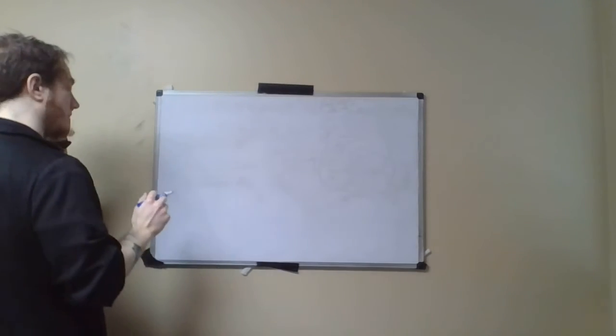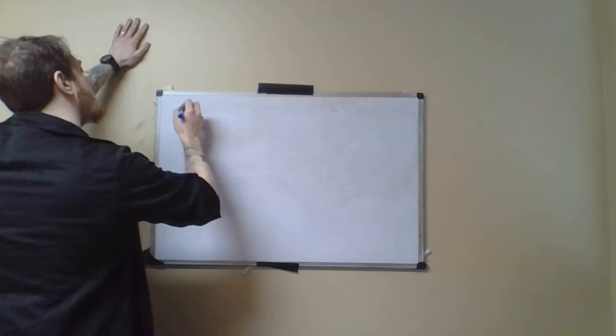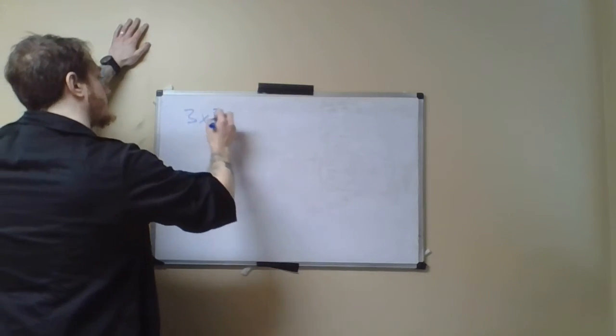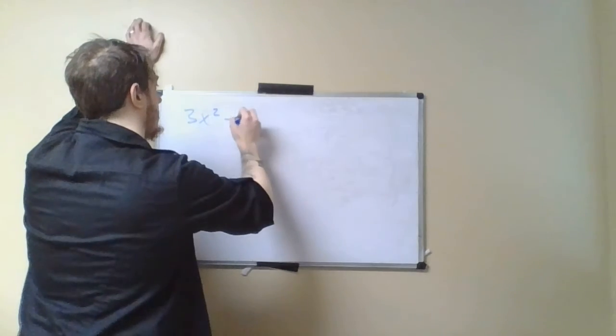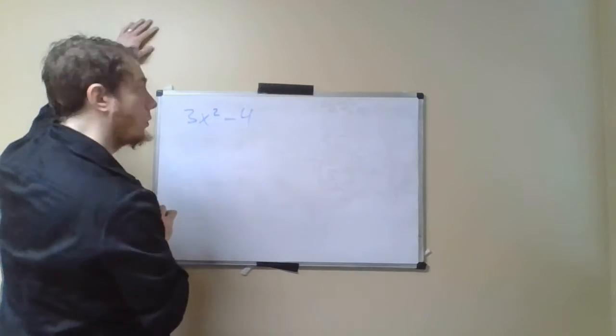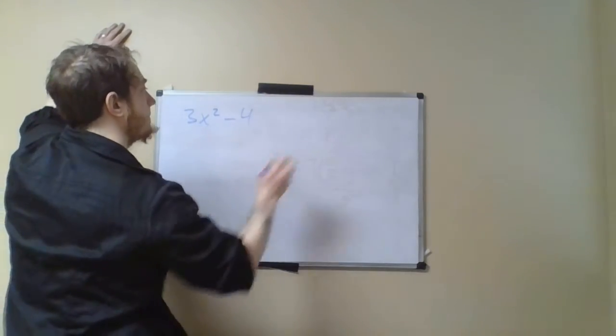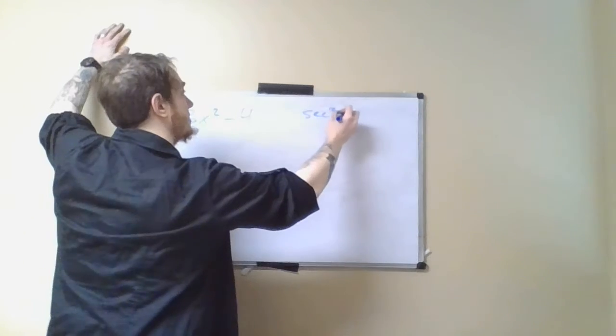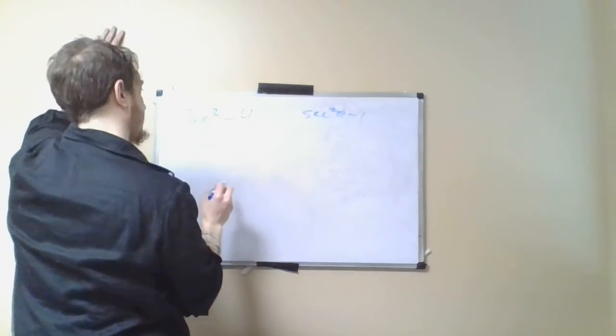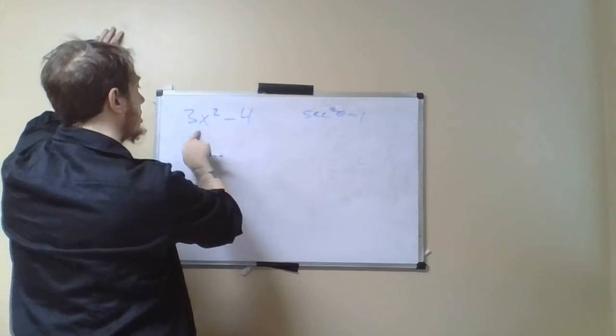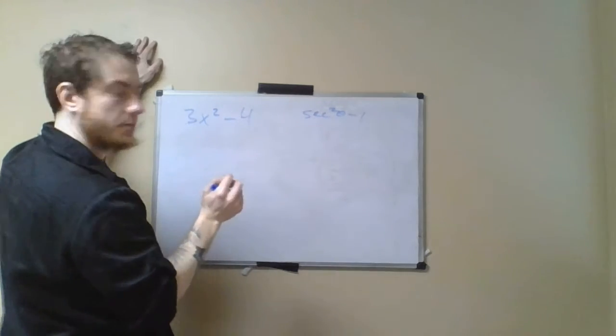If I have something like, let's say that I have 3x squared minus 4. Well, what I know is that I want to write this as secant squared theta minus 1, because I have a variable squared minus something.